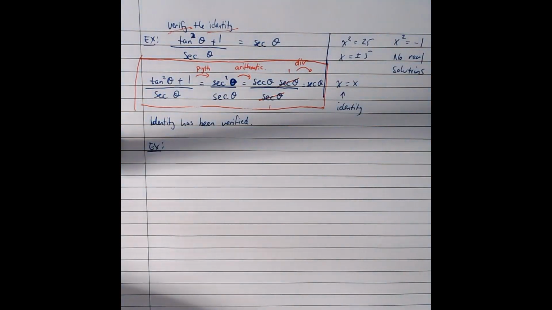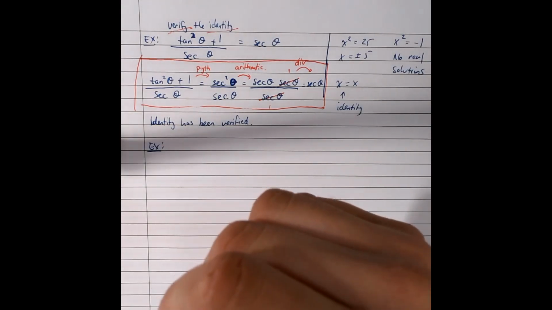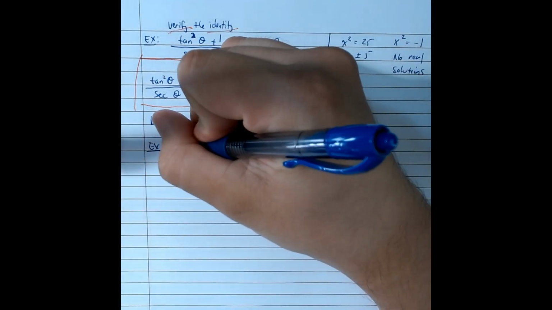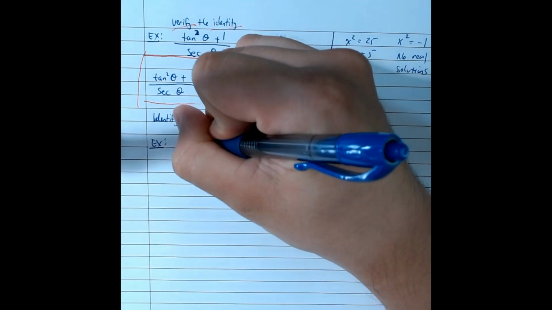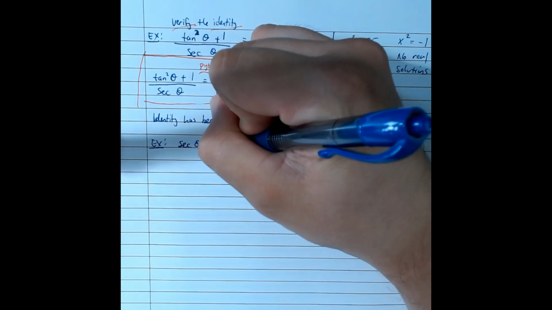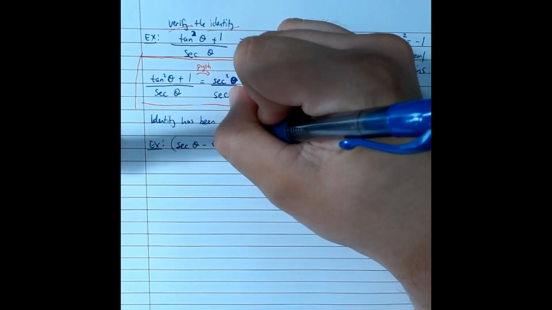All right, let's consider an equation that looks like this. We're going to take secant of theta minus tangent of theta, and then that whole thing is being squared.